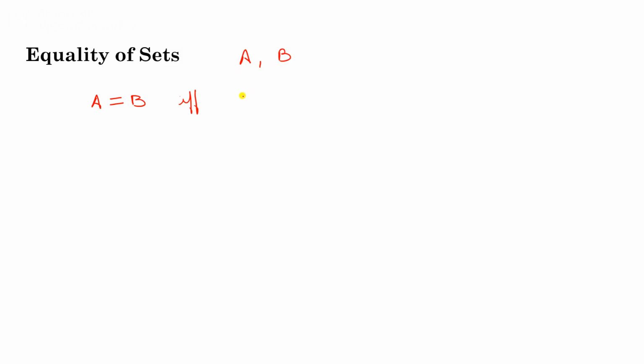So the number of elements in A equals the number of elements in B, and all the elements of A are the same. Both the sets have the same elements.